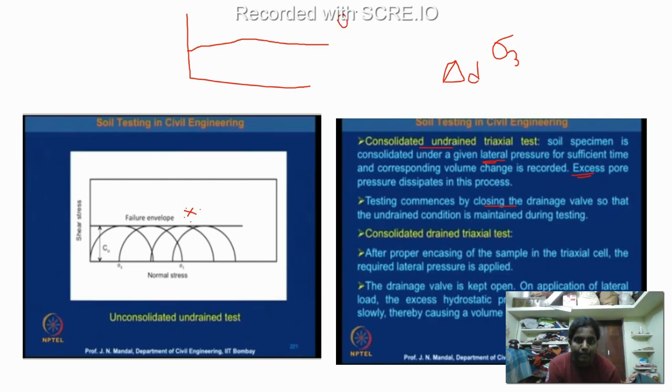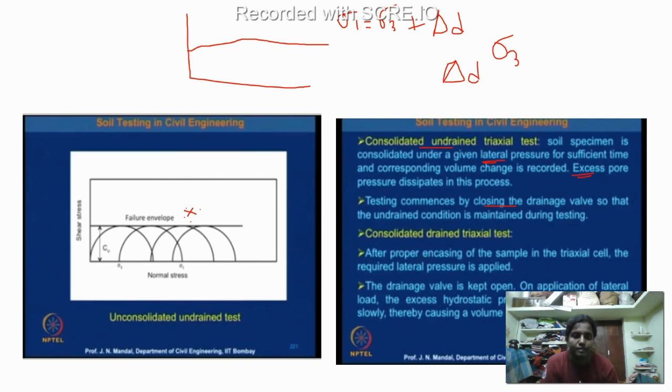So your major principal stress is sigma 3 plus delta D. Already you have a sigma 3 here, and you are applying another load here. That is why this plane becomes the major principal plane, and this is called the minor principal plane. You are applying a major principal stress at the top, and the minor principal stress is all around.